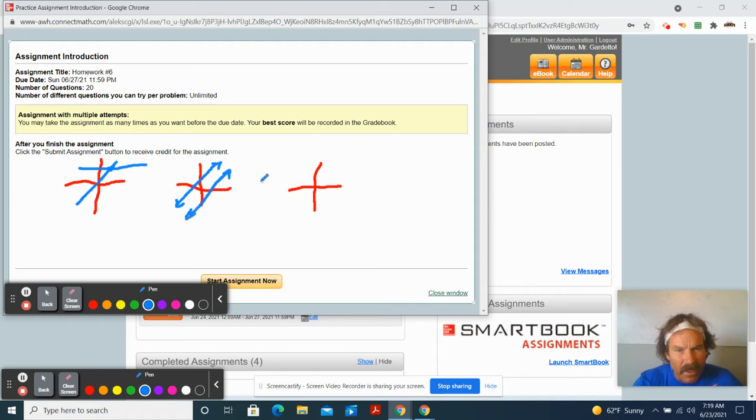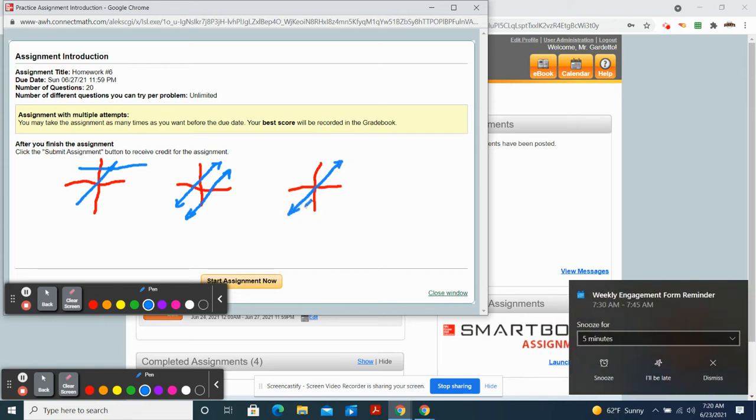But what else could happen if we graph two lines? They could cross. They could be parallel. What else could happen? The other thing that could happen is you could have a line that's graphed right on top of the line that's already there.